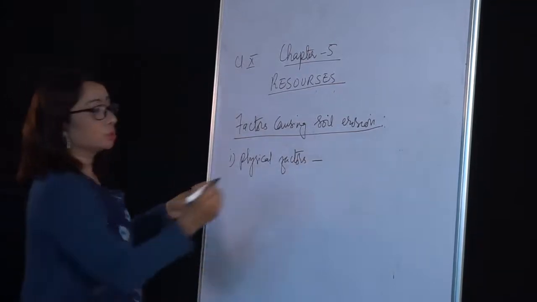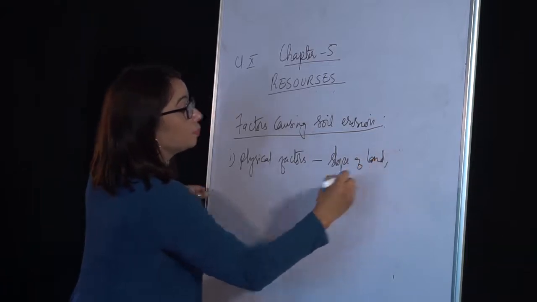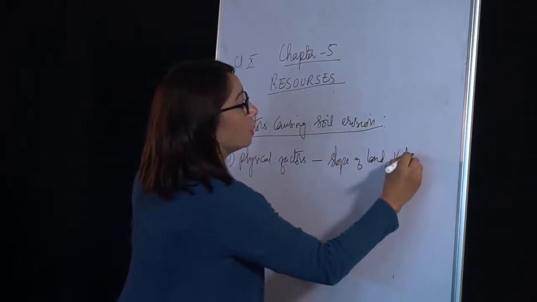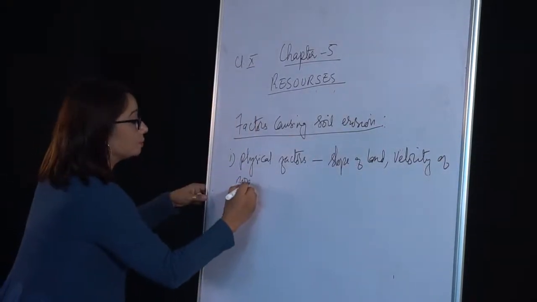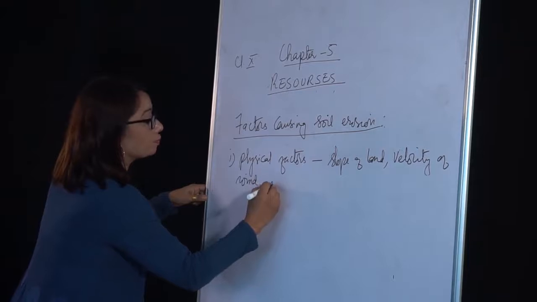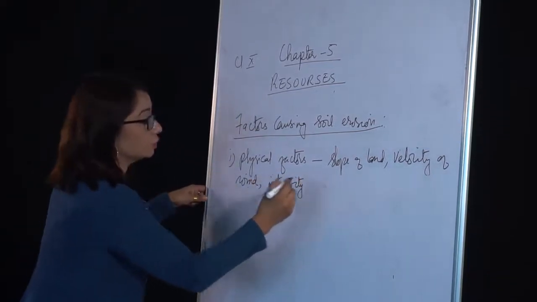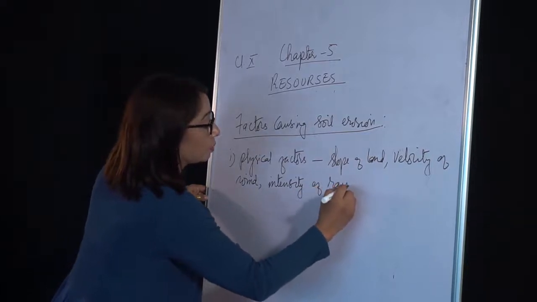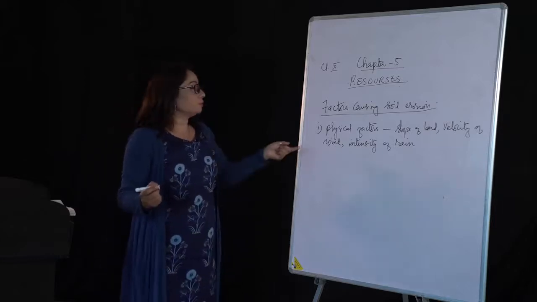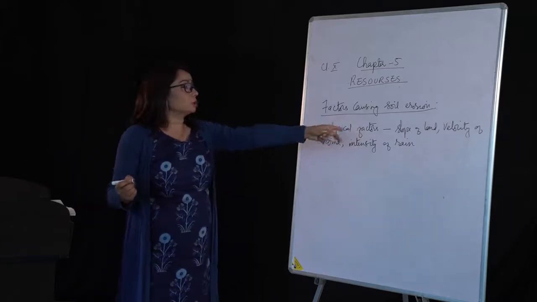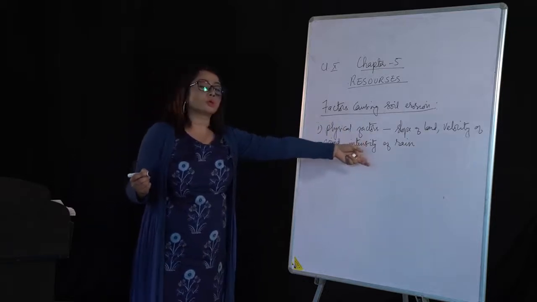Physical factors include slopes of land, velocity or speed of wind, and intensity or force of rainfall. Rain or rainfall you can call it. So factors causing soil erosion. Physical factors include slope of land, speed or velocity of wind, and intensity or strength or force of rain.